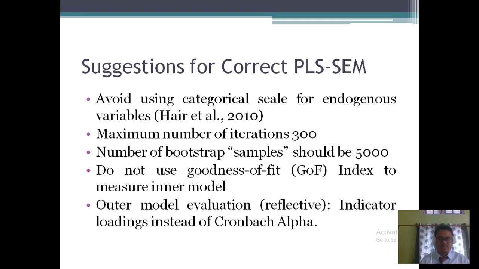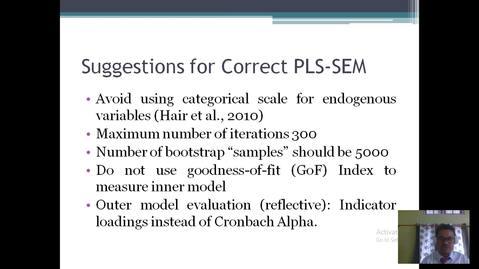So the suggestions for undertaking correct partial least square structure equation modeling are as follows. We have to avoid using categorical scale for endogenous construct. That is, the dependent variable has to be in interval or ratio scale. Also, in terms of bootstrapping, the maximum number of iterations should be 300, and the samples in bootstrap should be stated as 5,000.